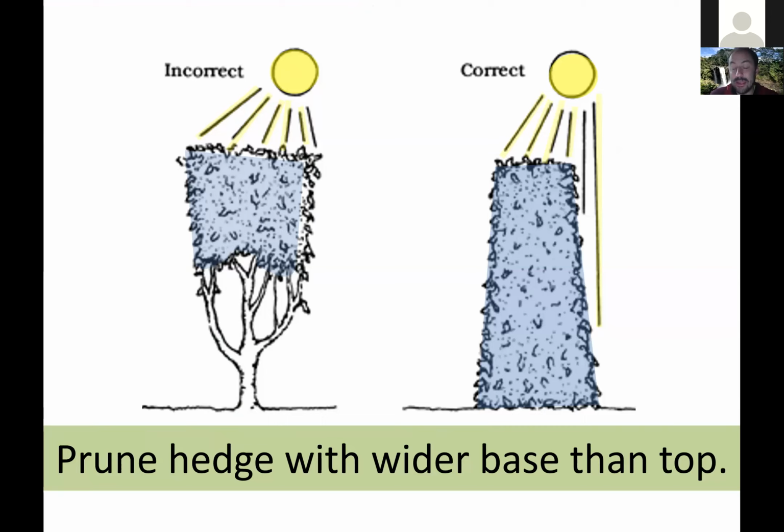Because why would it be maintaining leaves where there's no sunlight? If you leave the base wider, then the base is struck by the sunlight, even during the height of summer, and so the shrub maintains leaves down there and stays denser. So we want to prune our shrubs to have that wider at the base than top shape.